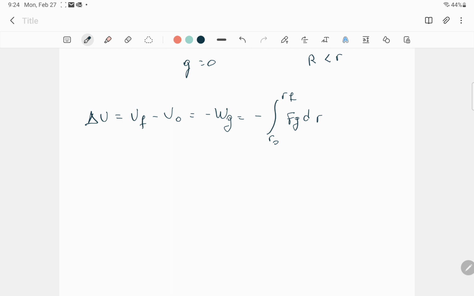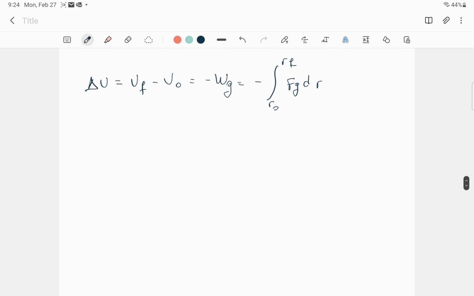If you consider x, it becomes dx. So the change in potential energy is the negative integral between R0 and R final of minus GMm over R squared dr.